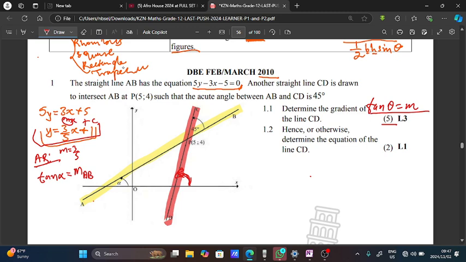What is the gradient of AB? 3 over 5. So tan of alpha equals 3 over 5. We want alpha, so alpha equals the inverse function of tan of 3 over 5. So what do you get?